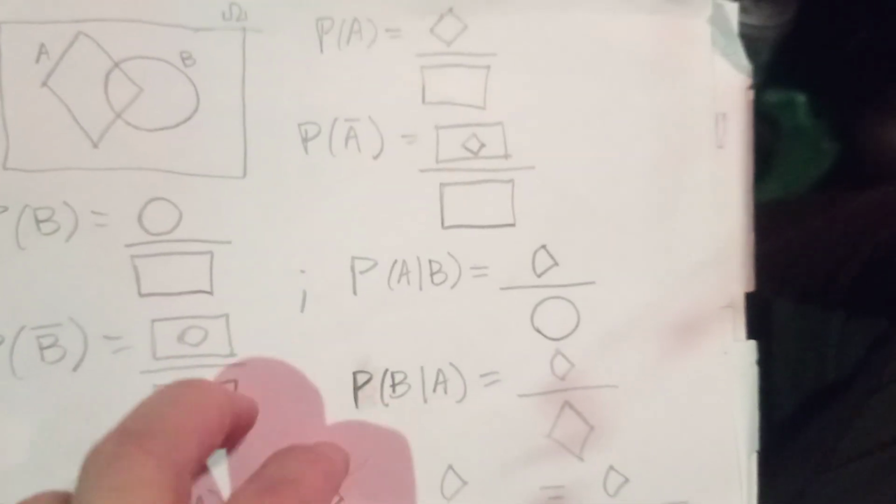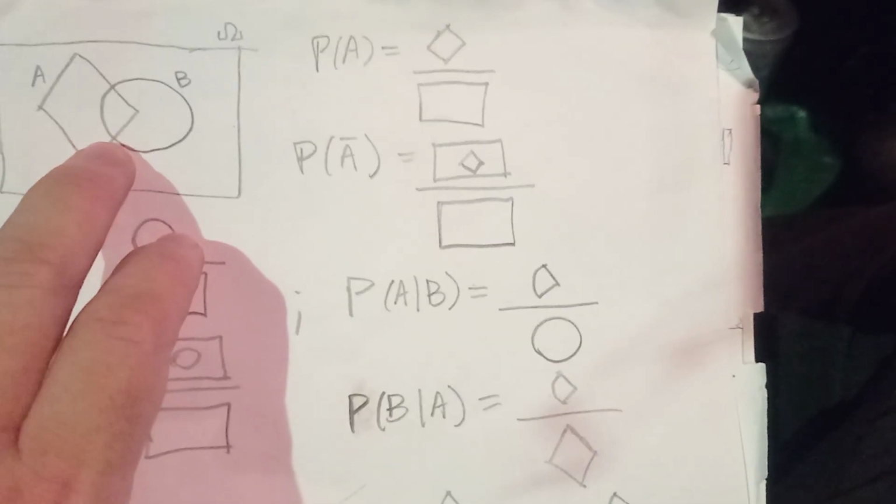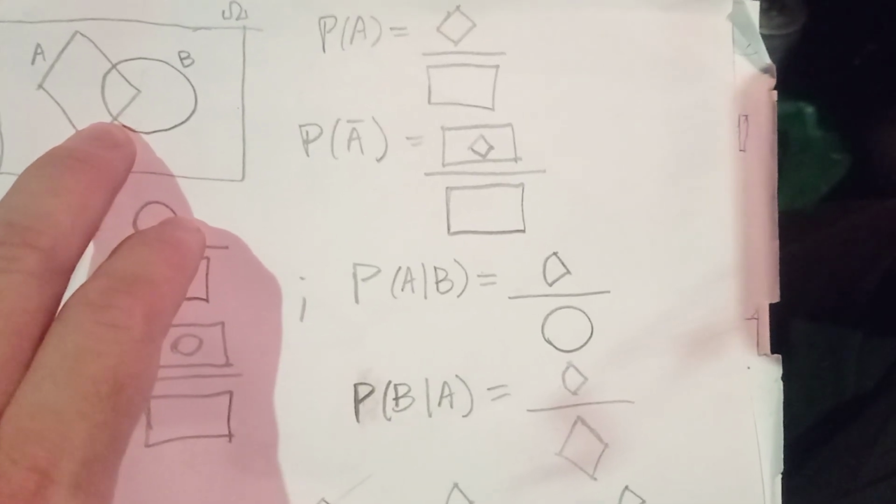And the probability of A given B is the probability of being in this fraction of a circle.